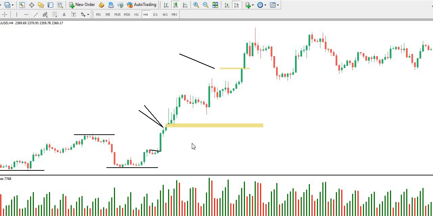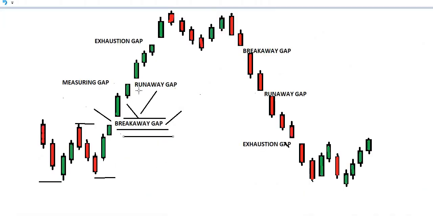Now let's move toward the second type of gap, which is the runaway gap. The runaway gap is also called as the measuring gap. Somewhere around the middle of the move, prices will leap forward to form a second type of gap or a series of gaps called the runaway gap.